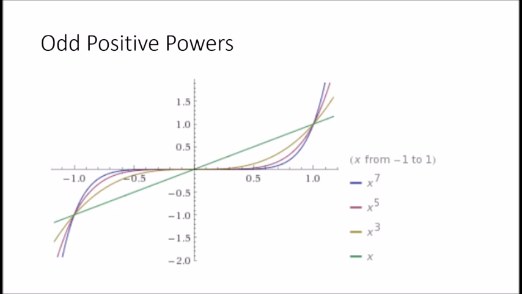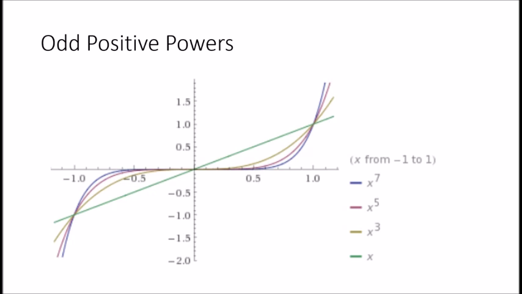Also notice that basically what's happening as the power gets higher is that the curve between 0 and 1 is getting sharper. It's less of a gradual curve. And after x is greater than 1 or x is less than -1, the line goes up much more quickly or goes down much more quickly. And the same is true for the positive powers.